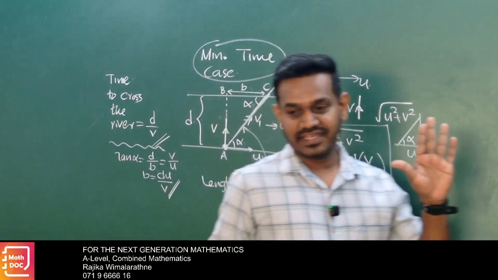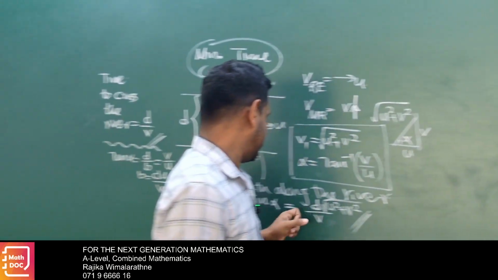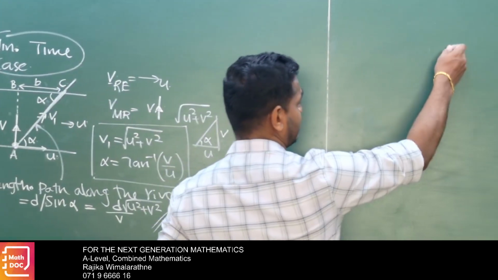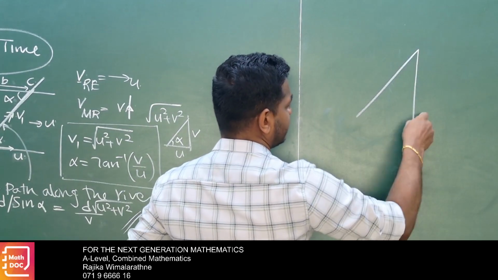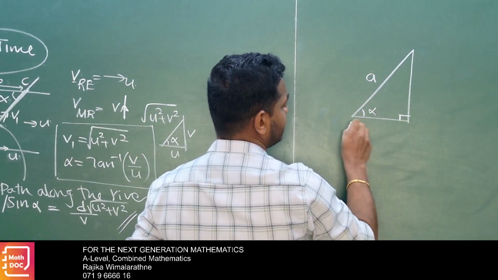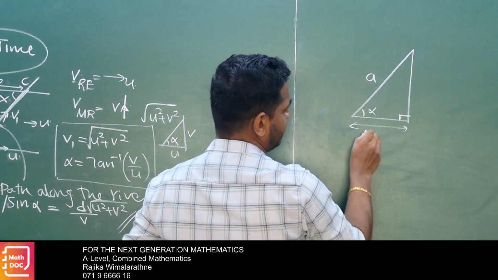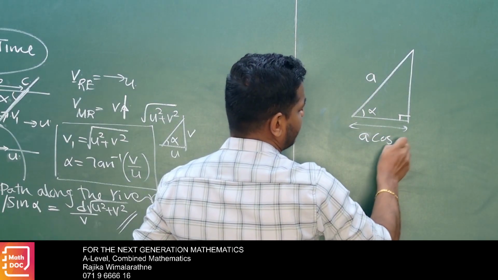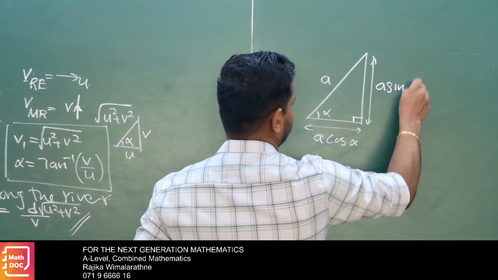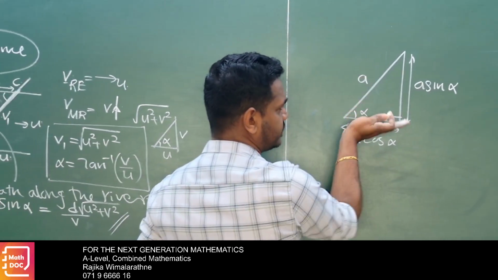Okay, now see why this is d over sine alpha. Consider a right angle triangle. Here consider A with angle alpha. This side is A cos alpha, and this one is A sine alpha.